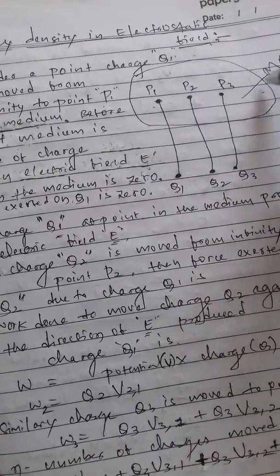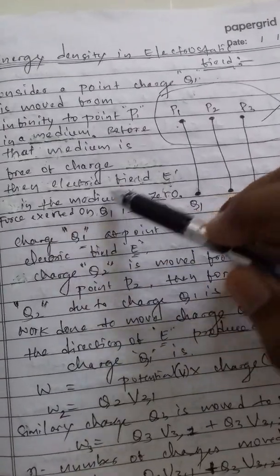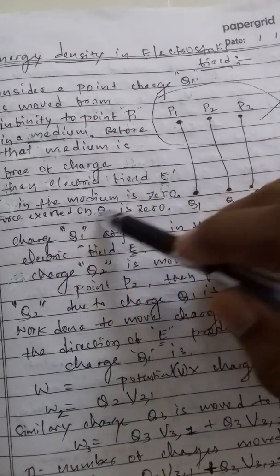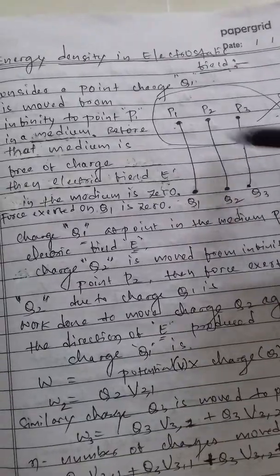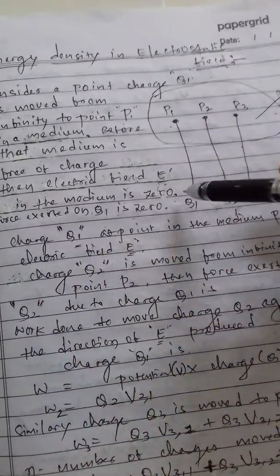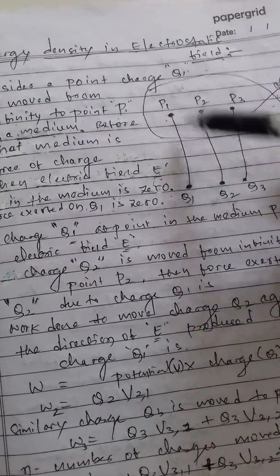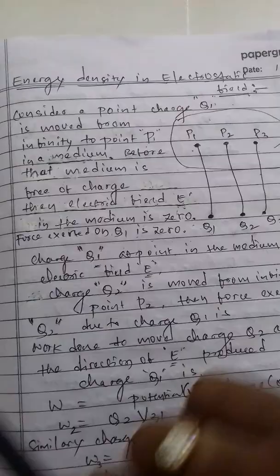Because it is free of charge, the force exerted on charge Q1 to move from infinity to point P1 is also equal to 0.